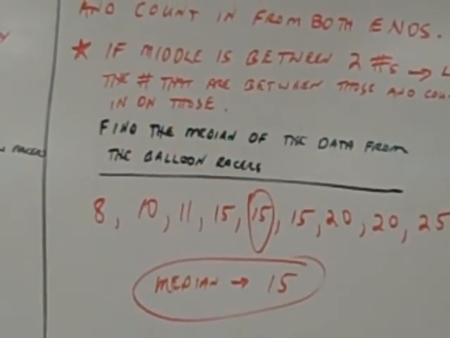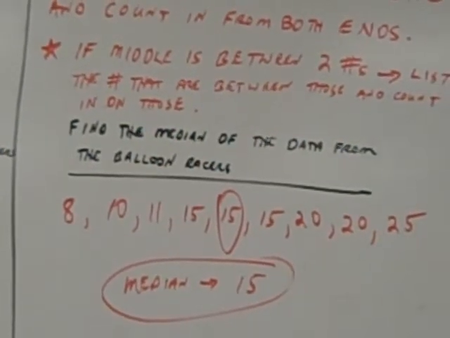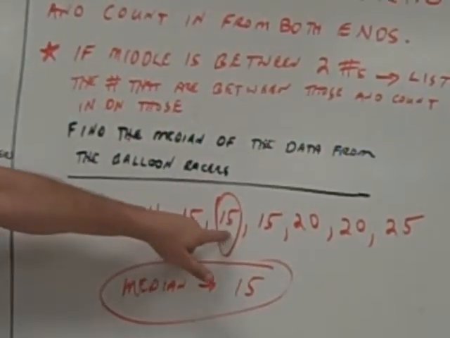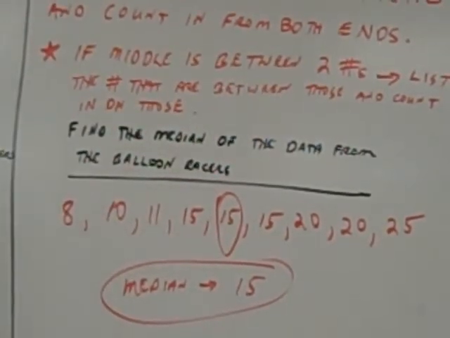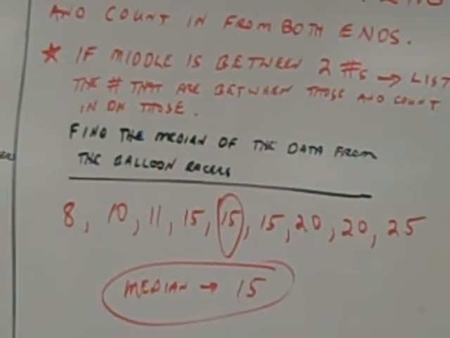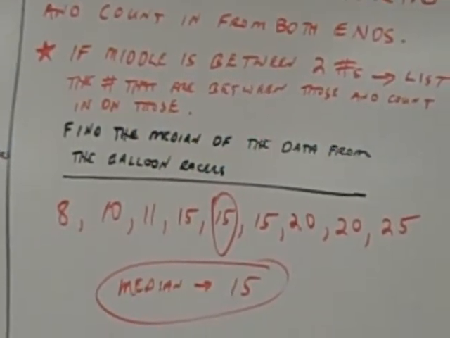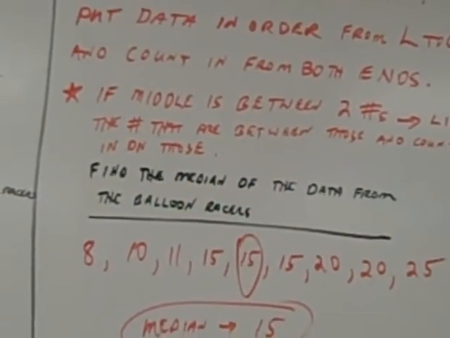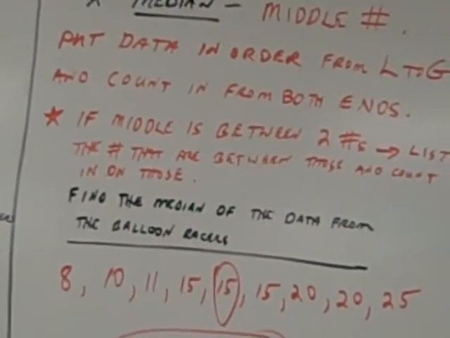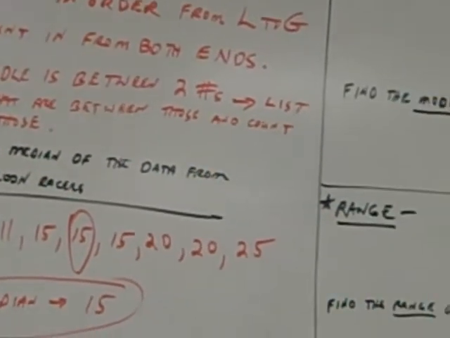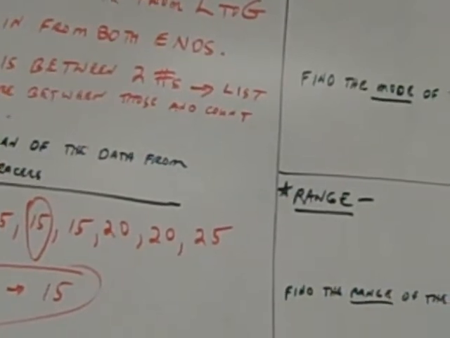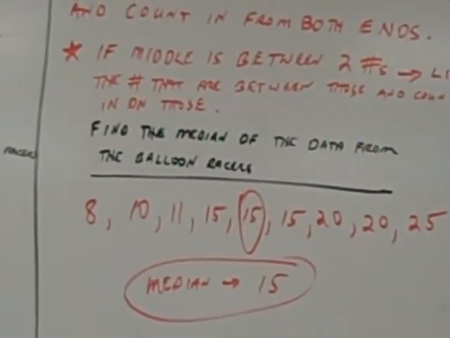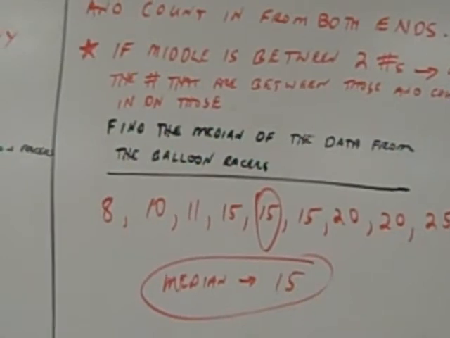When we count in and it ends up in between two numbers, the mathematical books and all the mathematicians tell you, then you find the mean between those two numbers. What? It confuses the students because they start thinking, wait a minute, I thought I'm finding the median and now you're telling me to find the mean, right?